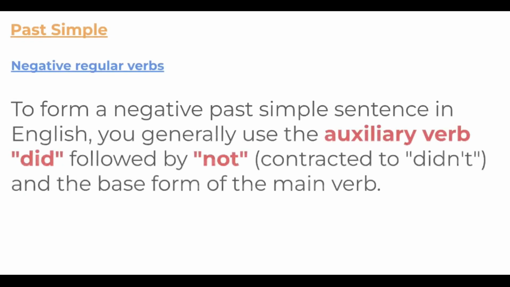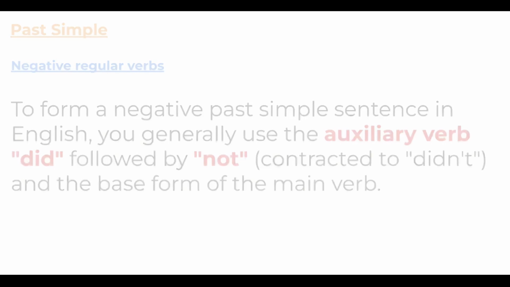Okay, so to form a negative in the past simple, we want to use the auxiliary verb did, so that's the auxiliary verb do, but in the past tense form, followed by not, and we can contract this to create didn't. Then we follow this with the base form of the main verb. So let's see this in action.